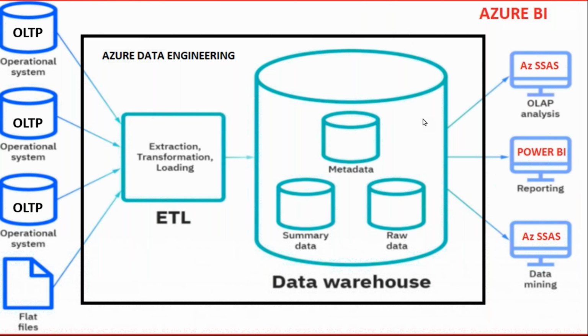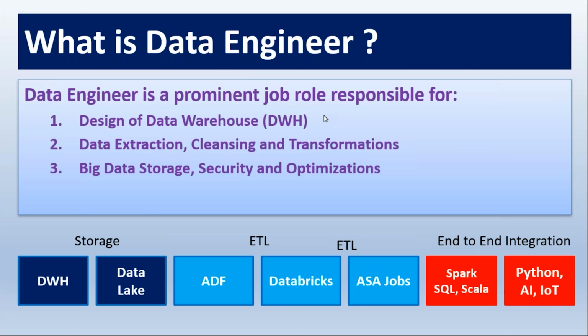I mean to say, as an engineer, we are responsible for the design of data warehouses, data extraction, cleansing and transformations, storage, security and optimization activities. We'll start slowly, step by step, from tomorrow. And I repeat again, ETL, data warehouse. Remember that.